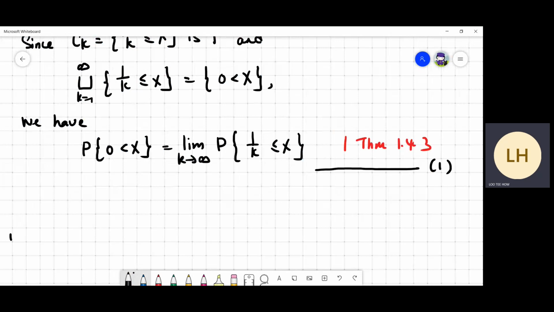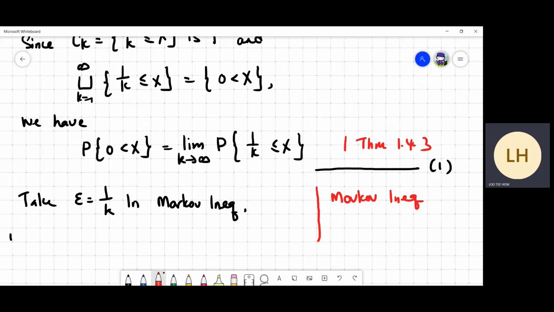So next, what we can do is we continue. We take epsilon equal to 1 over k in the Markov inequality. So again, what is our Markov inequality?